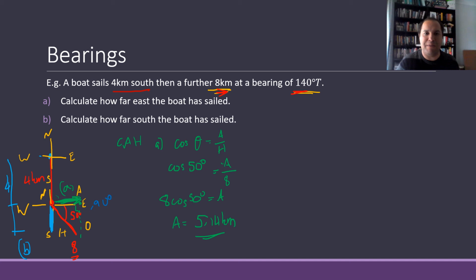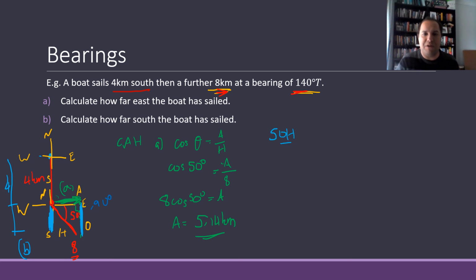Now for the south part, we know at the start of our journey we've traveled 4 k's south, so we just need to work out this bottom part. So again, using our triangle, this blue side here is the same as the blue side here on our right angle triangle, which is our opposite side.